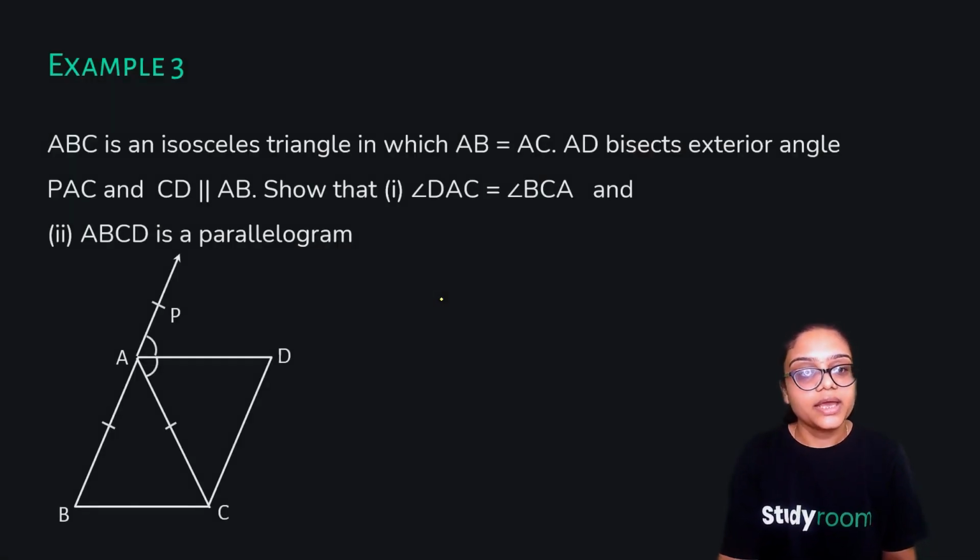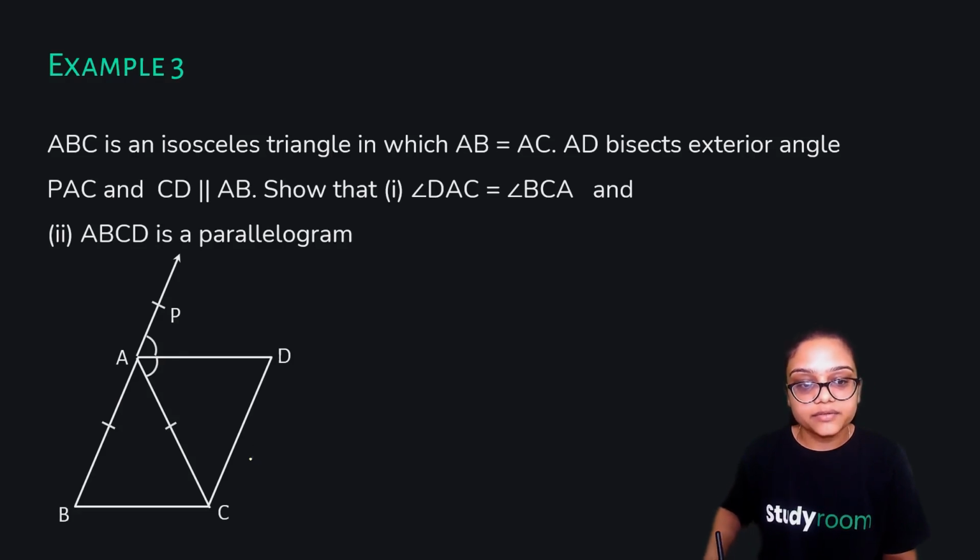Next question. ABC is an isosceles triangle in which AB equals AC and AD bisects the exterior angle PAC. Show that CD is parallel to AB. It's given. Now, we have to show that angle DAC is equal to angle BCA.